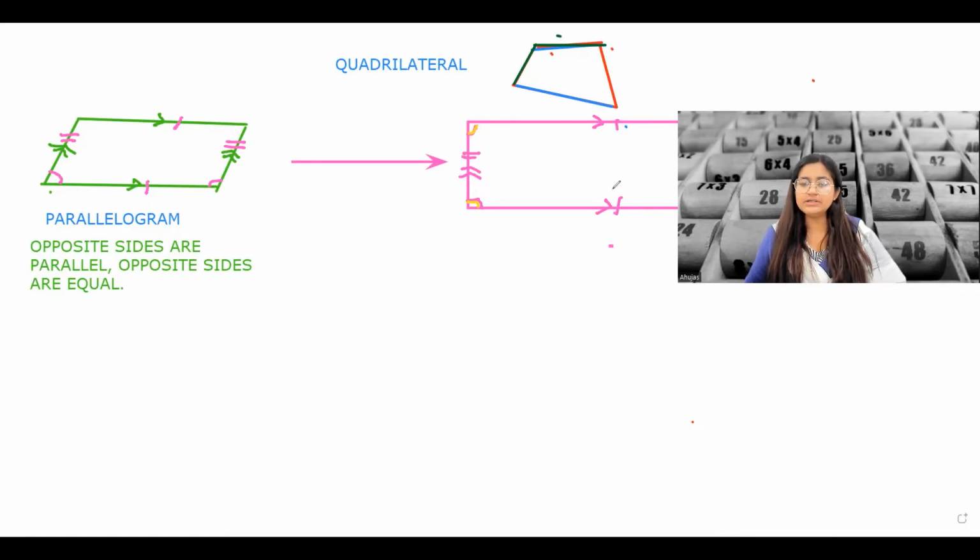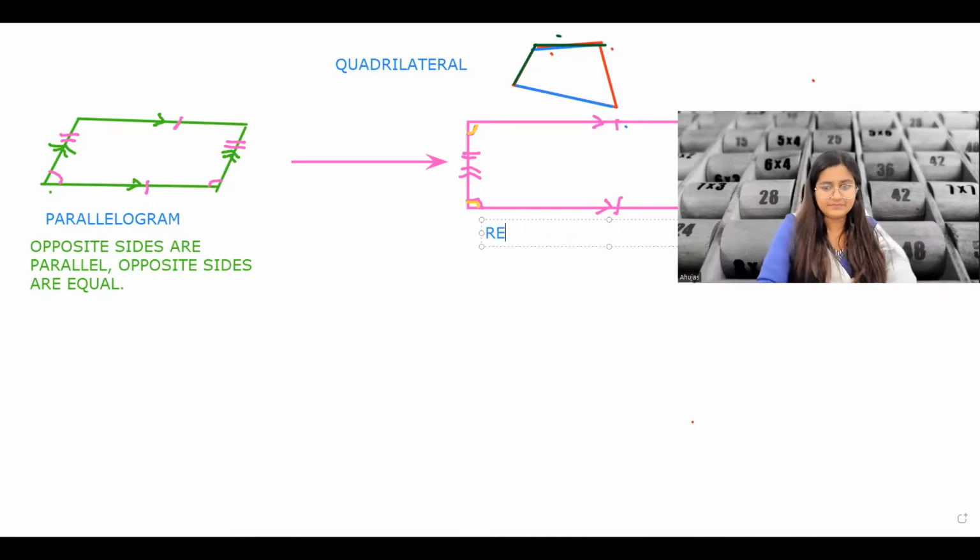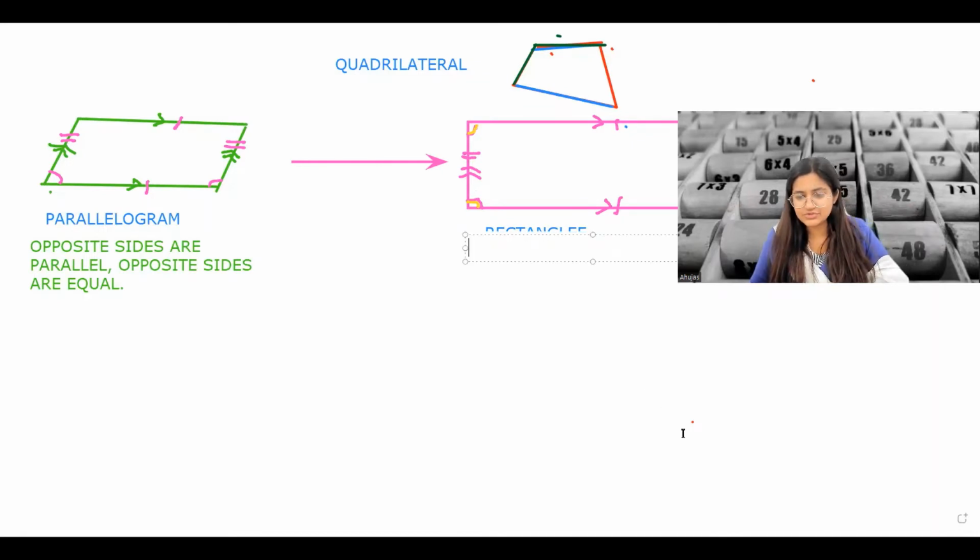Now, what is the name of this special type of parallelogram? This is a special parallelogram, so we are going to call it a rectangle. What properties does a rectangle show?